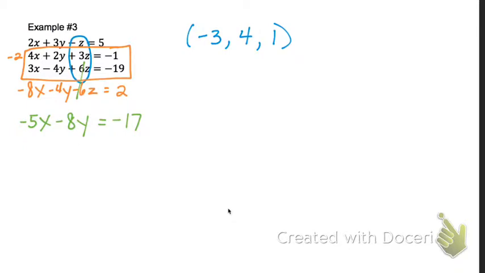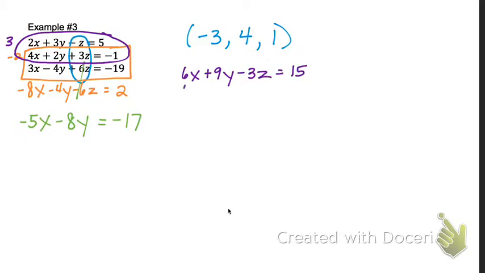Step 2, I'm going to choose 2 different equations to eliminate the z's. I have to eliminate the z's again. They have to be the same variable. So I'm going to choose the first and the second equation. It doesn't matter if you did something different. To do that, I need to multiply the top one by 3. So I got 6x plus 9y minus 3z equals 15.